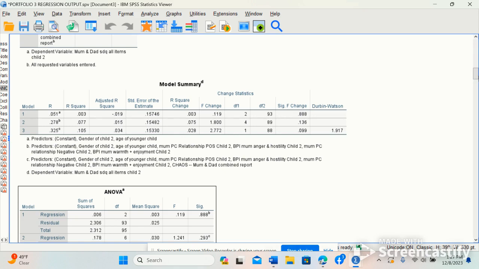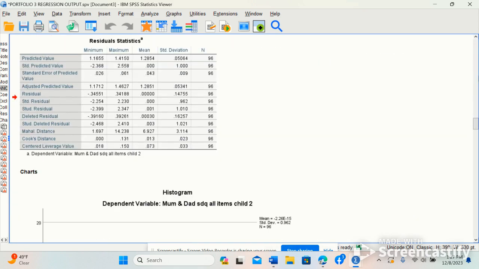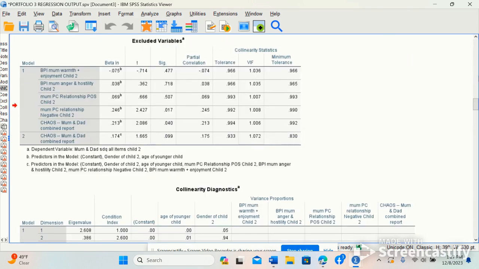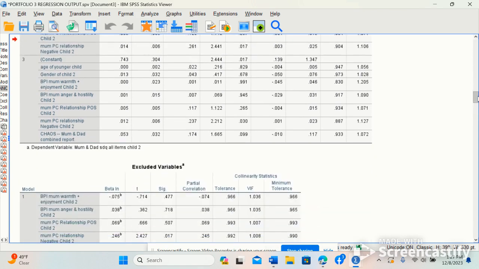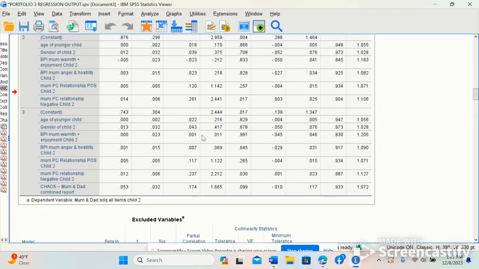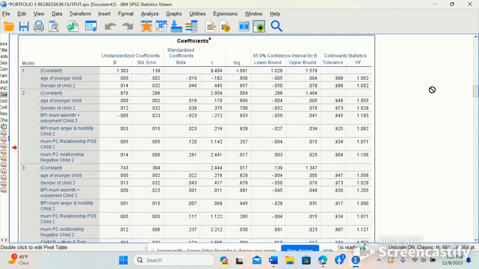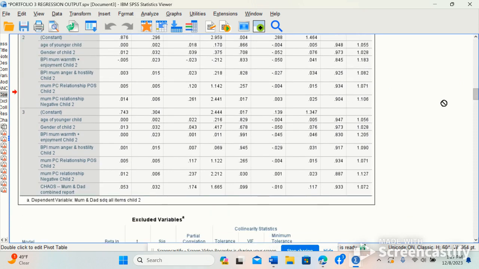And according to that equation, chaos has more leeway in it. There we go. Okay, so if you look right here, this is chaos. This is the negative relationship. It looks like chaos has more, right? But when you standardize it, negative relationship is actually more than chaos.